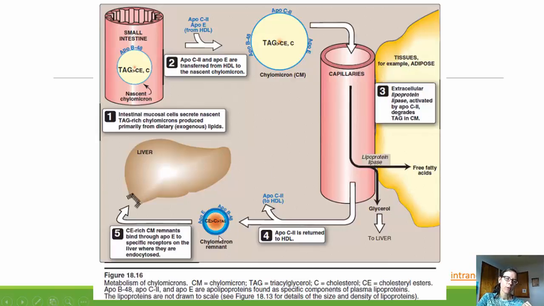So then we have our chylomicron remnant, which still has our ApoB and ApoE, and it's these apolipoproteins that are necessary for this cholesterol-rich remnant to bind to the receptors on the liver where it's endocytosed. So this is all still our exogenous pathway that we talked about.